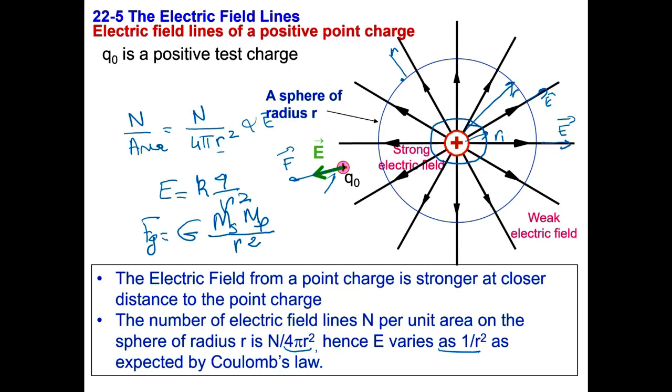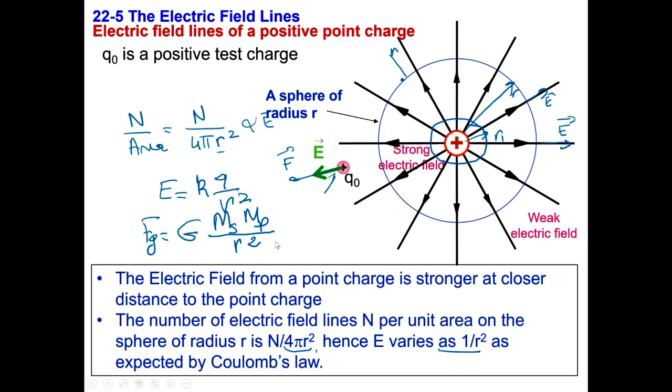So if a planet is closer to the sun, it will experience a much stronger gravitational force. If it's away from the sun, it experiences a much weaker gravitational force. Same thing for the charges. If a test charge is brought close to the source charge, it will experience a much stronger electric field, and vice versa.